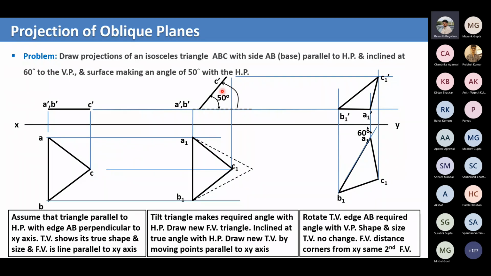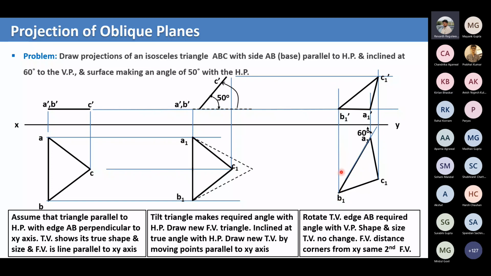Now, from here, you have to draw the horizontal lines, because this A dash, B dash is at a particular height from XY. This doesn't change because this is at an angle. So that is why we are taking a horizontal line from here. And we see where that line intersects these construction lines.